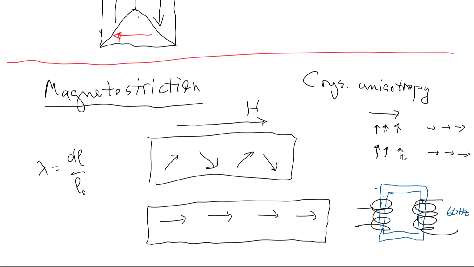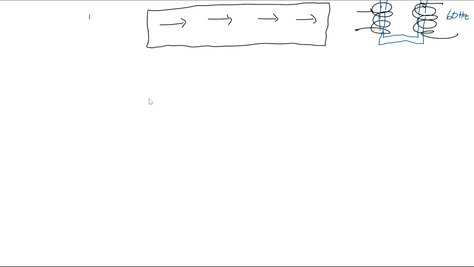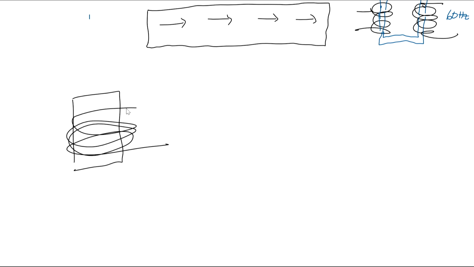But there are specific industrial vibrators. So when you want to vibrate something at high frequency, what you can do is build a core made out of the magnet, put a coil around it, and apply alternating voltage to the coil.